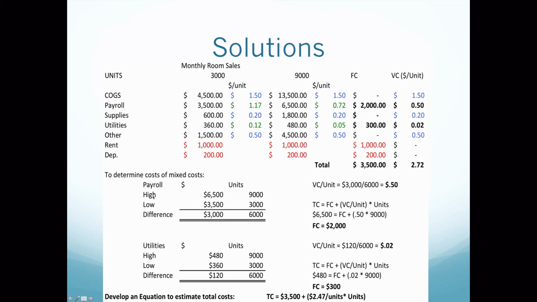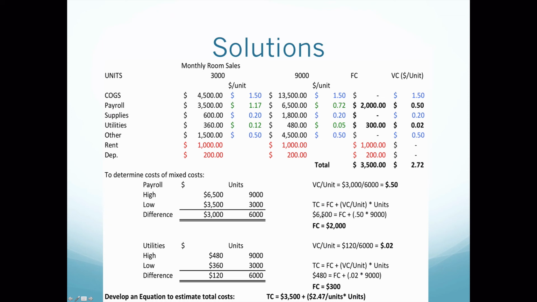We take our high dollar amount and our high units. We subtract our low dollar amount and our low units from it, and we get the difference of $3,000 and 6,000 units. So our variable cost per unit is 50 cents. We plug that in over variable costs. Then we use our cost formula to find out our fixed costs.